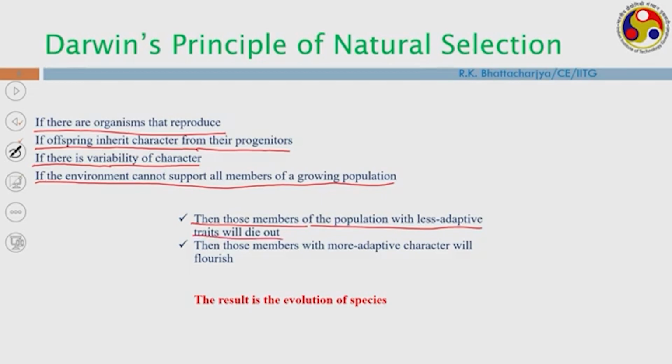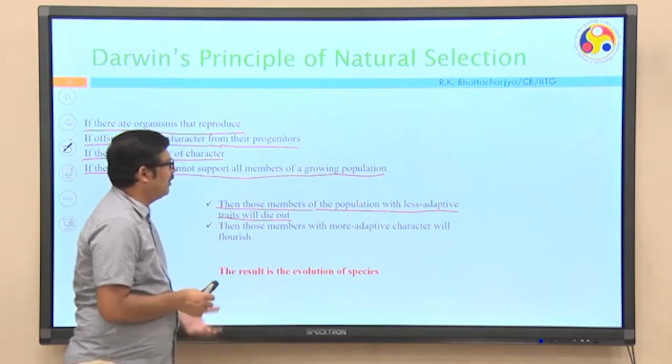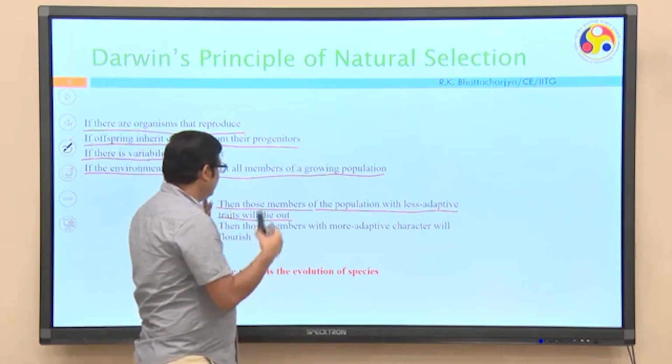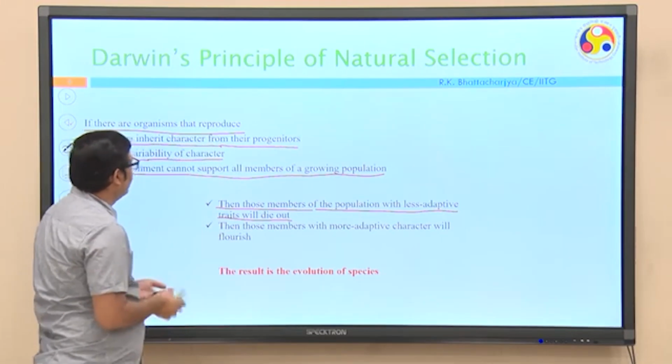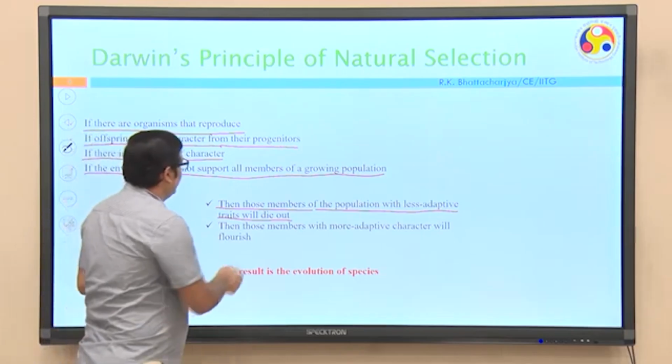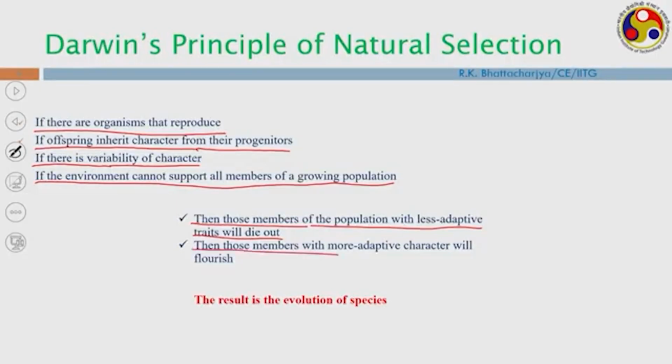So, what I am saying is that when you are not adapting to a changed environment, what will happen? They will die out. Okay. Then those members with more adaptive characters will flourish.